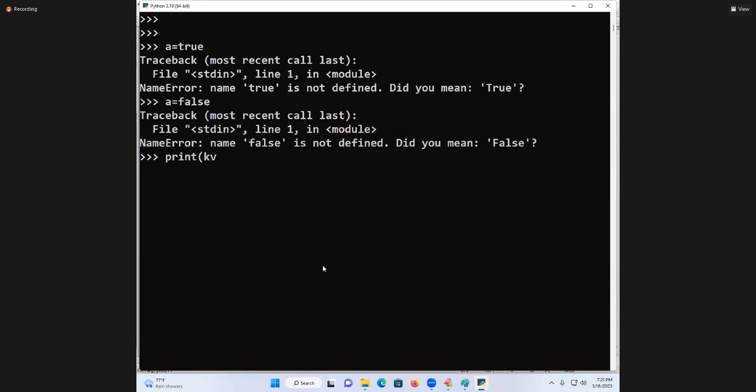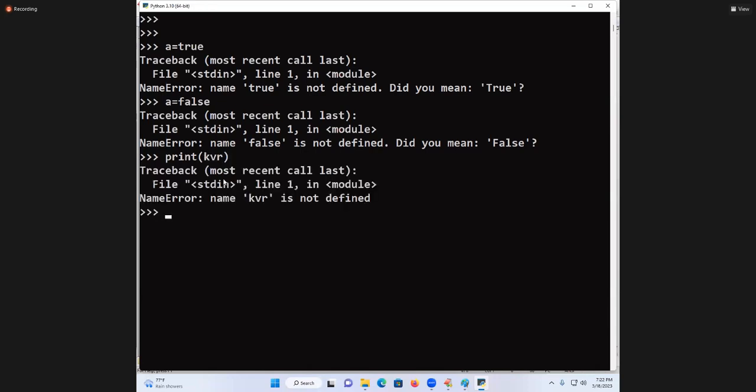I am writing one more. Print of KVR. Do you have any variable like KVR here so far in my Python window? It is also not recognized by the PVM and Python compiler. It is called what error? Are you understanding? In general, when do you get name error?